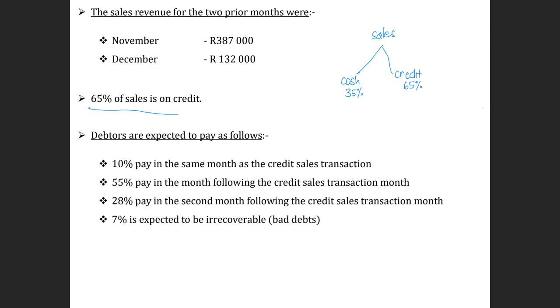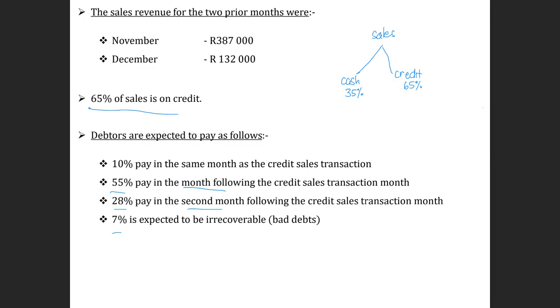They said here that 10% is paid in the same month as a credit sales transaction, so most likely at the end of the month, and they buy at the beginning of the month. Then 55% is paid in the month following the month of the transaction, 28% is paid in the second month following the month of the transaction, and 7% is irrecoverable.